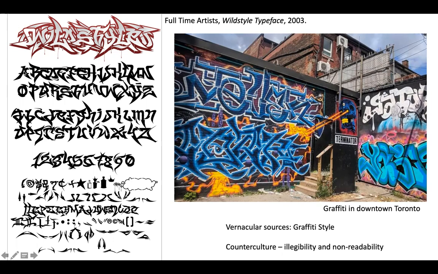But you can see that if you look at the letters independently, they look very, very similar to each other, right? There's no real distinction between, let's say, the A and, I don't know, they just look all the same. And so it's very difficult to follow this text. And this is on purpose to create counterculture, to go against the grain, to go against polite society, corporations, etc.